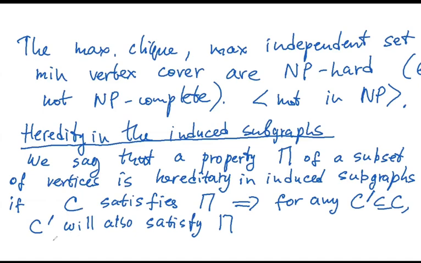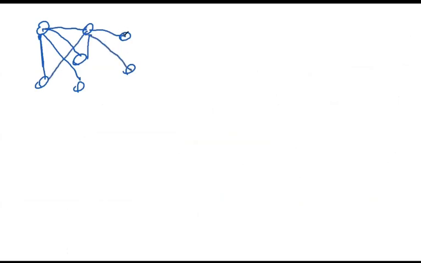Essentially, when we say that C satisfies this property, it means that the property is satisfied in the subgraph induced by C, which we denote by G of C. So what's the induced subgraph? I'm not sure we defined this concept before. But essentially, if you have some arbitrary graph and a subset of vertices in this graph, let's look at an example.